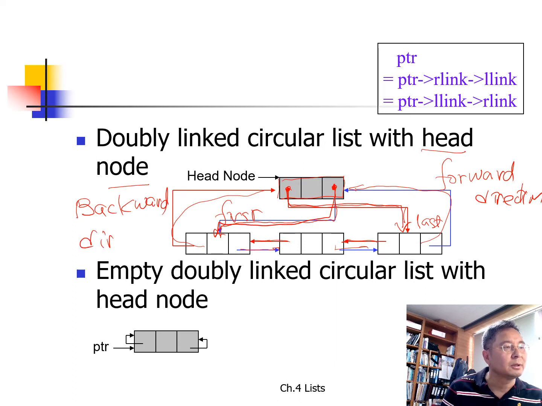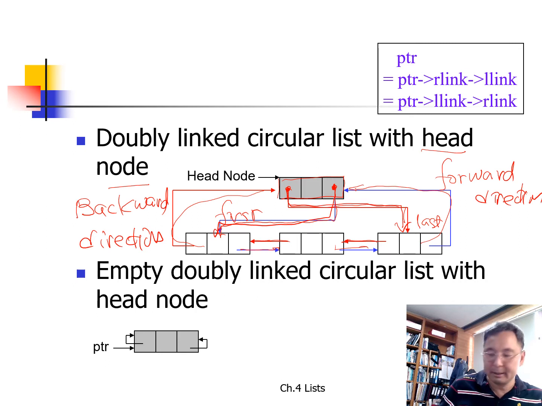So if we use a doubly linked list, then we can go forward to traverse all of the nodes in the linked list, and also we can go in the backward direction by following the left link field.